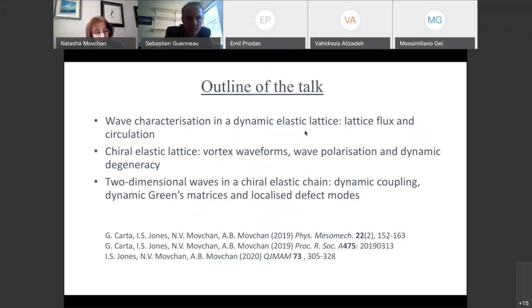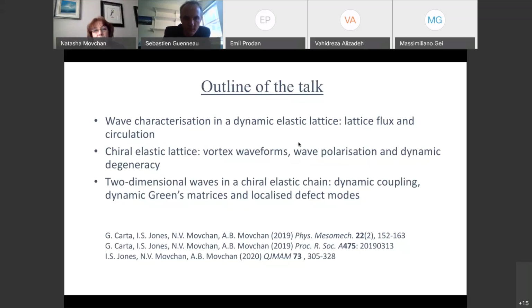And I will revisit the characterization of waves using the notion of lattice flux and lattice circulation. And then I will talk about chiral elastic lattice. It will also be a triangular lattice, but it will be chiral. So there will be some additional elements added which make it chiral.